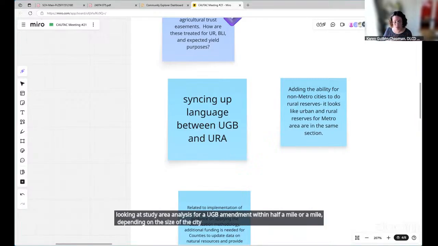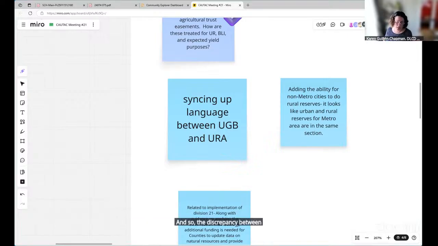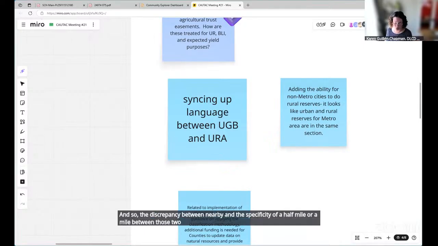And then when you're looking at urban reserves, it asks you to look at land nearby and adjacent to your UGB for reserve land that might be established congruent or abutting your UGB. And so the discrepancy between nearby and the specificity of a half mile or a mile between those two divisions is language that could be synced up.